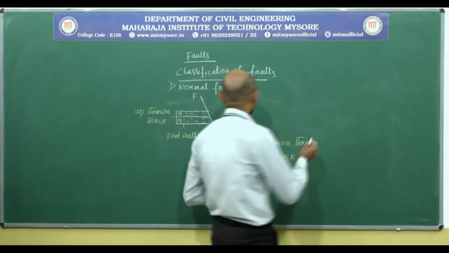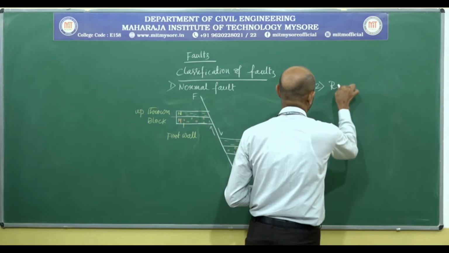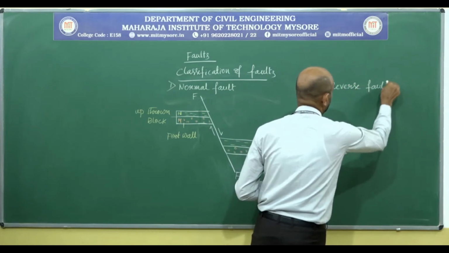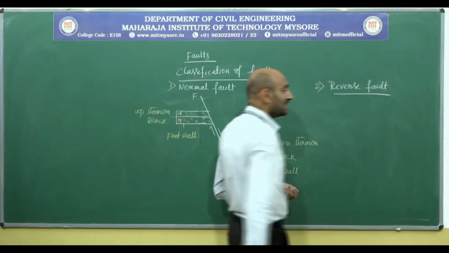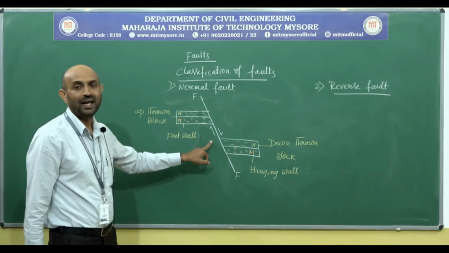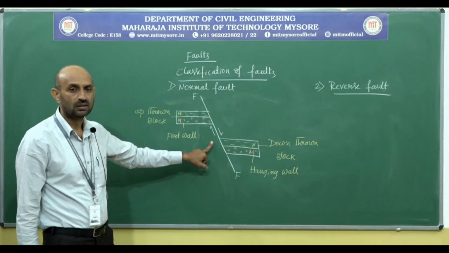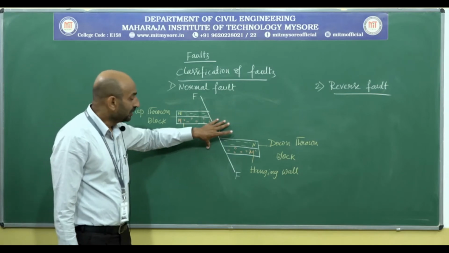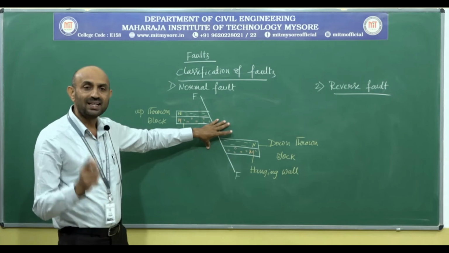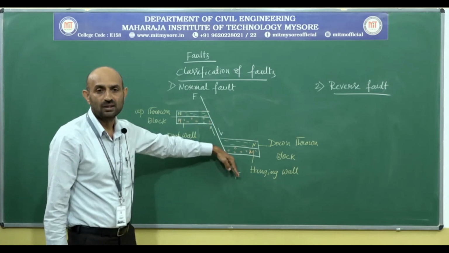Another one is reverse fault. Then what is reverse fault? Reverse fault is exactly the opposite of normal fault. In the normal fault, the fault plane is inclined towards the down thrown block.